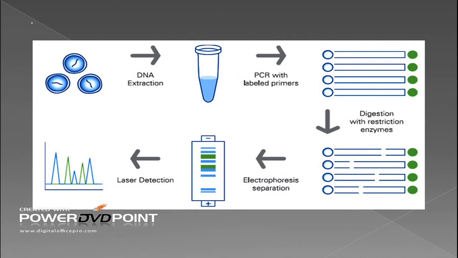After amplifying the DNA, it is digested with the restriction enzymes, and the various restriction fragments obtained are separated via gel electrophoresis. After that, they are detected by transferring them to the membrane where probes are bound, and those probes give the signals for later detection.